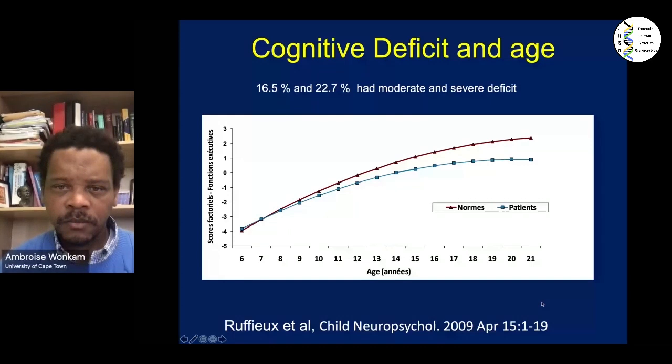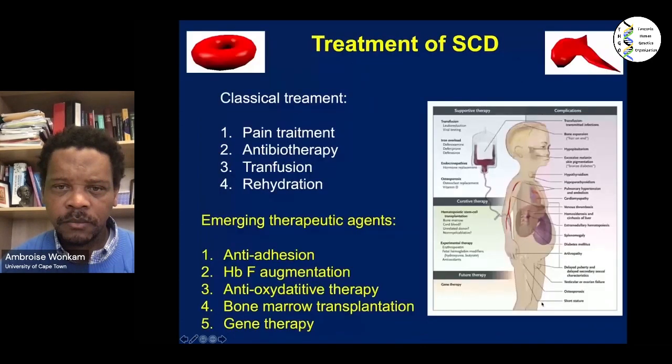Until quite recently, there was no definitive treatment for sickle cell disease, and most treatment at the moment, as is the case in most African countries, as we have seen in the review, is based on pain management, antibiotic therapy, transfusion, and rehydration. But we know of evolving treatments that unfortunately are not yet available in most African countries.